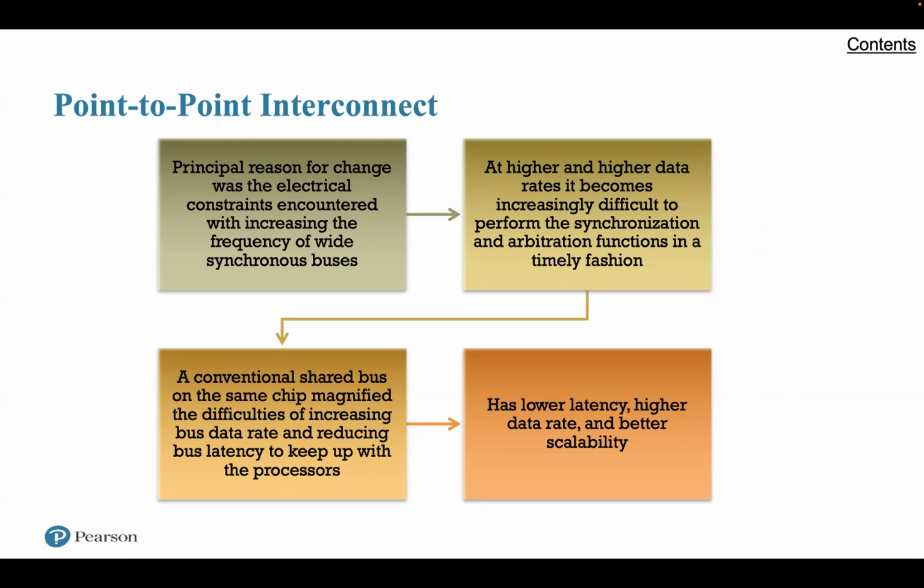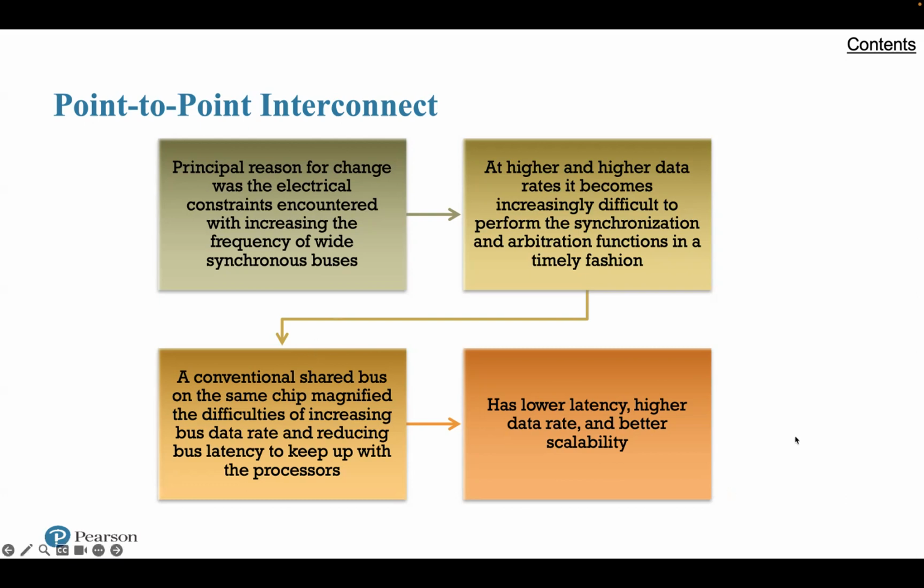The principal reason driving this change from bus to point-to-point interconnects was the electrical constraints encountered with increasing the frequency of synchronous buses. At higher and higher data rates, it becomes increasingly difficult to perform the synchronization and arbitration function in a timely fashion. So we see that this movement is important.